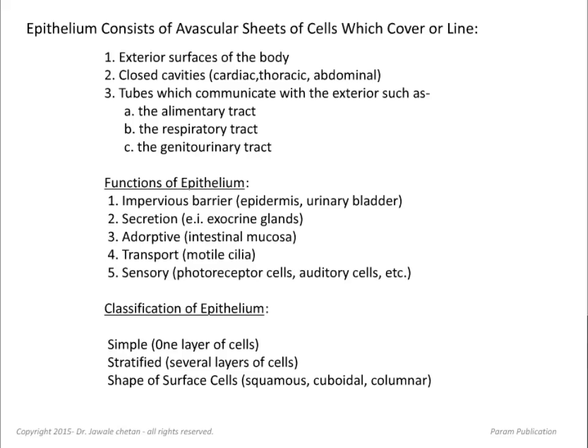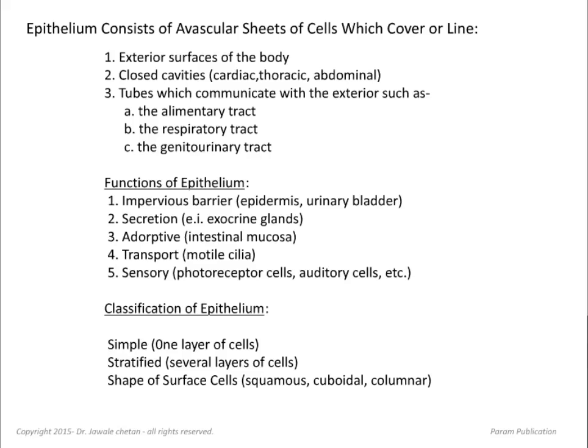So they serve as a barrier that you can see in the epidermis. If we immerse our hand in water, that water doesn't percolate into our body, so the epidermis arrests the entry of excess water into our body. In the urinary bladder, urine gets concentrated and remains there only, it doesn't get absorbed again into our body. That way the barrier works.